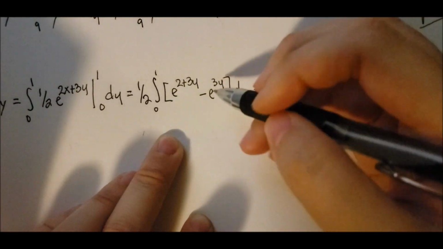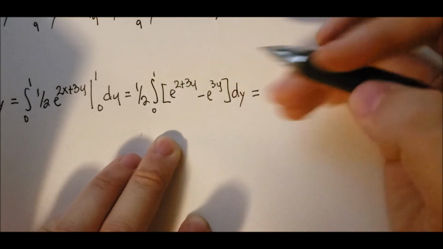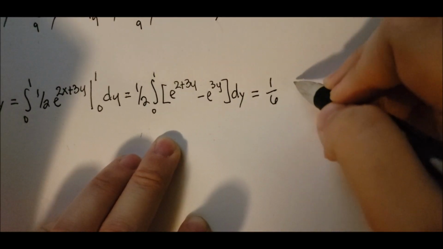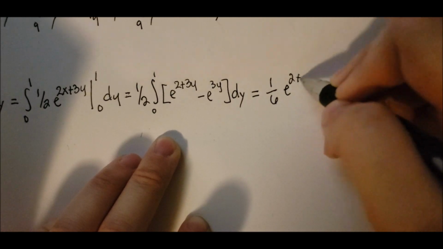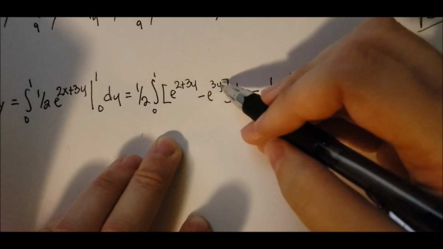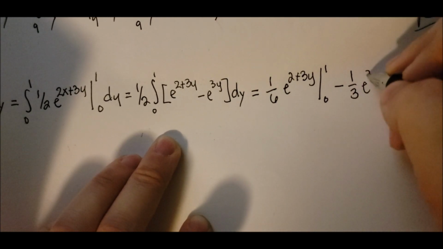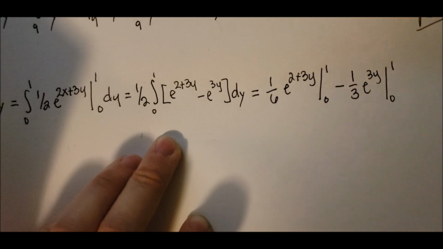So then the first term, if I integrate it, I'm going to have 1/2 times 1/3, so I'm going to have 1/6 e to the 2 plus 3y from 0 to 1. And this one I'd have 1/3 e to the 3y from 0 to 1.